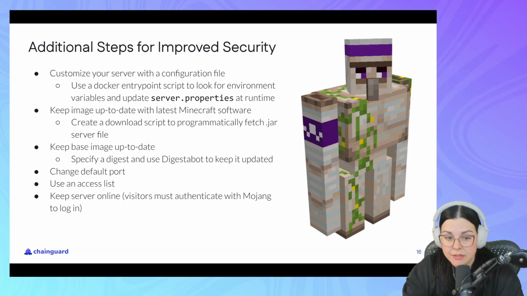Other things now, for security measures, are keeping your base image, the JRE image, up to date. The preferred way to do that is using a digest, which keeps the image at the same version, instead of using latest, which is like pinning to an unknown version in the future.